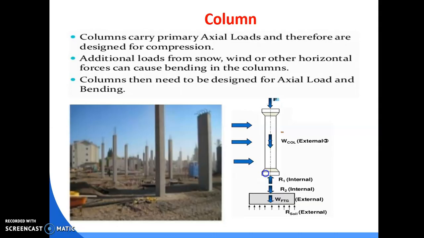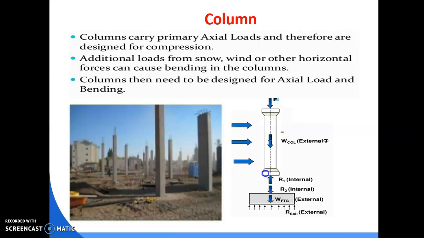So first of all, we have to know what a column is. Columns are vertical structures that are used for supporting the beams. For example, in a flyover or a bridge, a number of vertical supports are provided, and these vertical structures are known as columns.